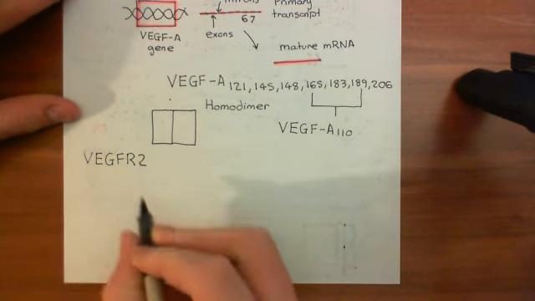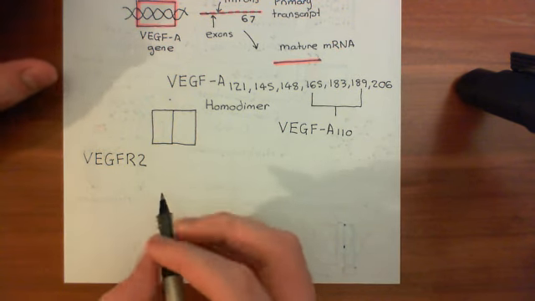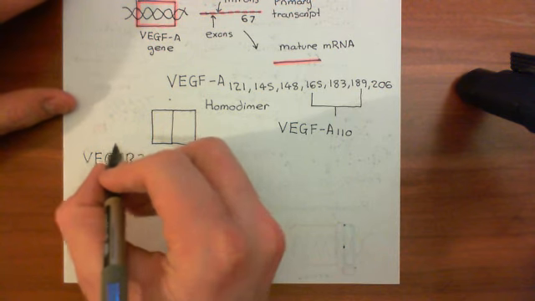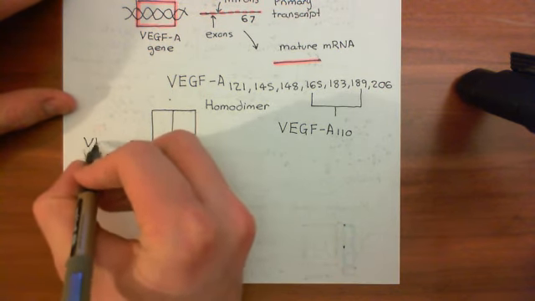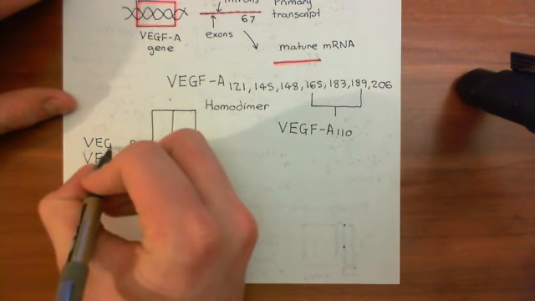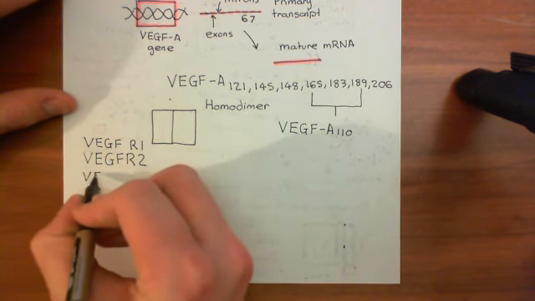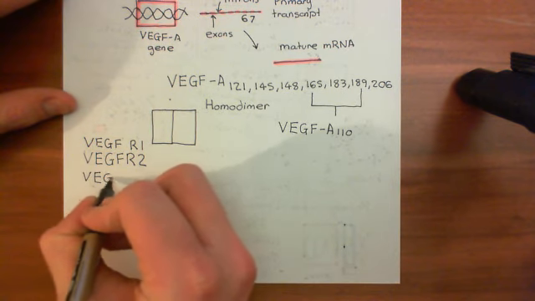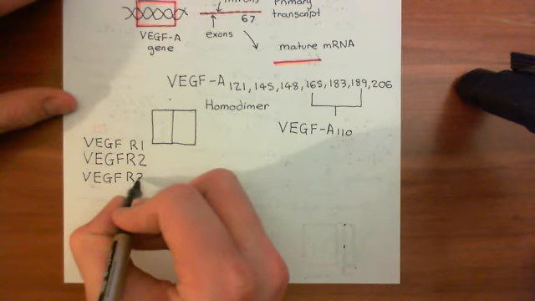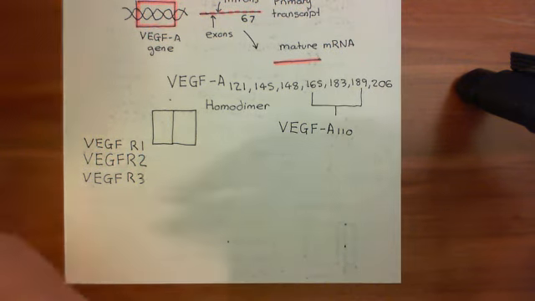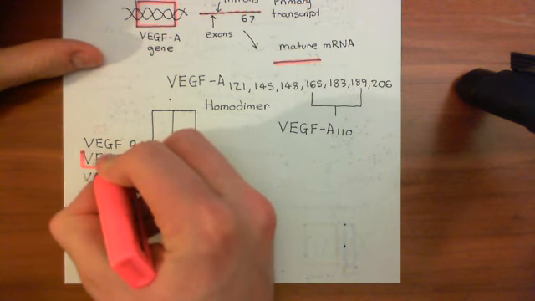Now, there are 3 different receptors that are known as the vascular endothelial growth factor receptors. There is also vascular endothelial growth factor receptor 1, VEGFR1, and there is also vascular endothelial growth factor receptor 3. Okay, of these 3, VEGFR2 is thought to be the most important in triggering angiogenesis, basically.